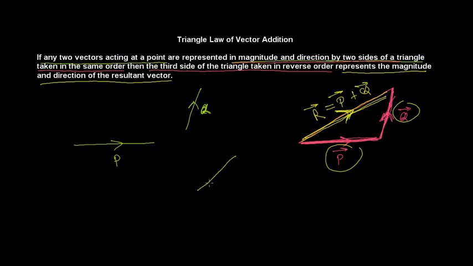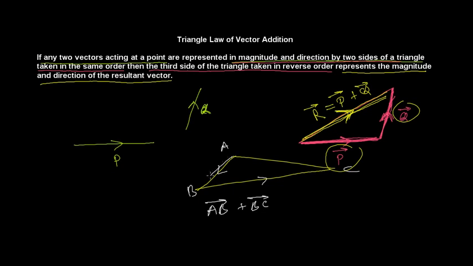So if I have this triangle, let's say this is A, this is B, this is C, and I want to add vector AB and BC. Vector AB and vector BC represent in magnitude and direction the two sides of the triangle, AB and BC.